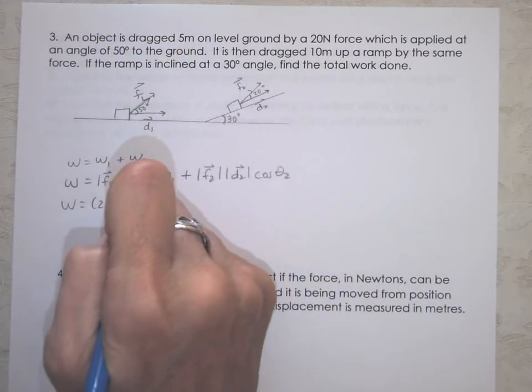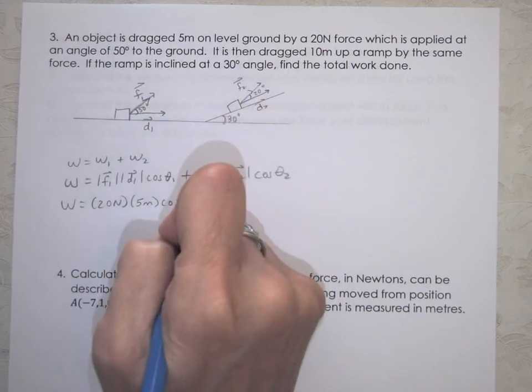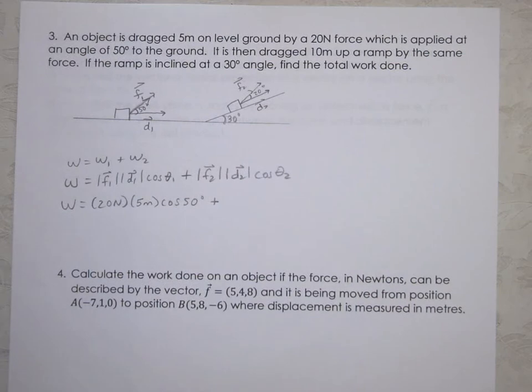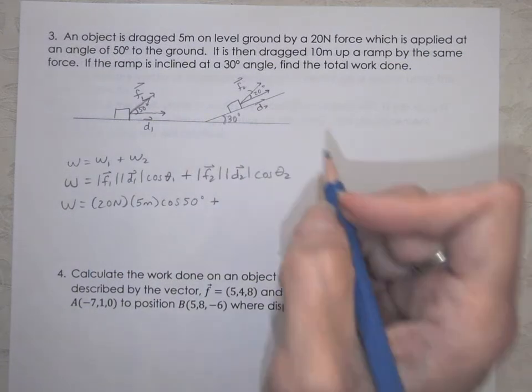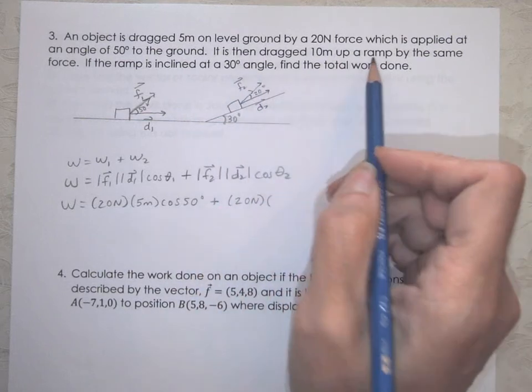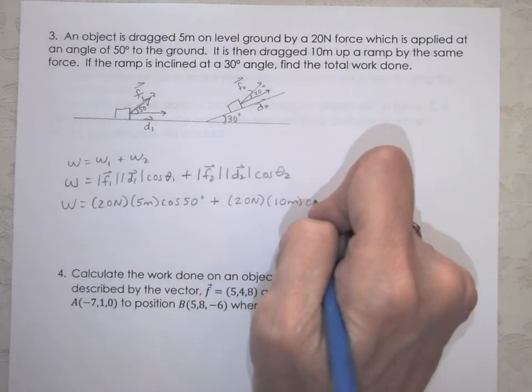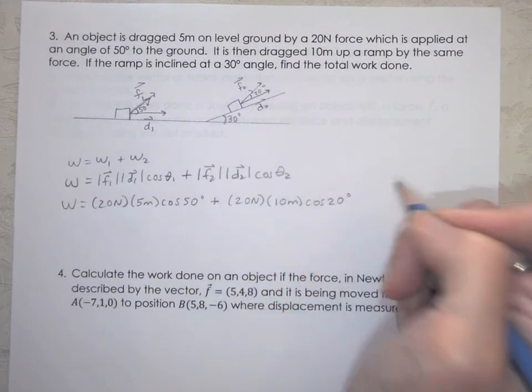On level ground, its first displacement is 5 meters, and the angle between them when they're tail to tail is 50 degrees. Now when I'm on the ramp, the magnitude of the force is still 20 newtons. It's dragged 10 meters up the ramp, but the angle between the force and displacement now is only 20 degrees.